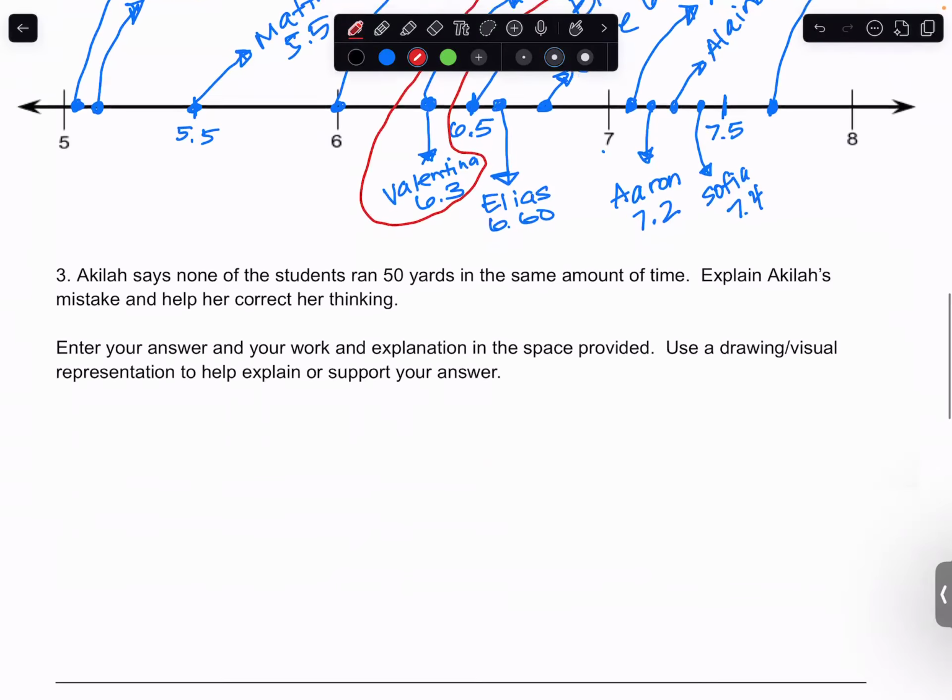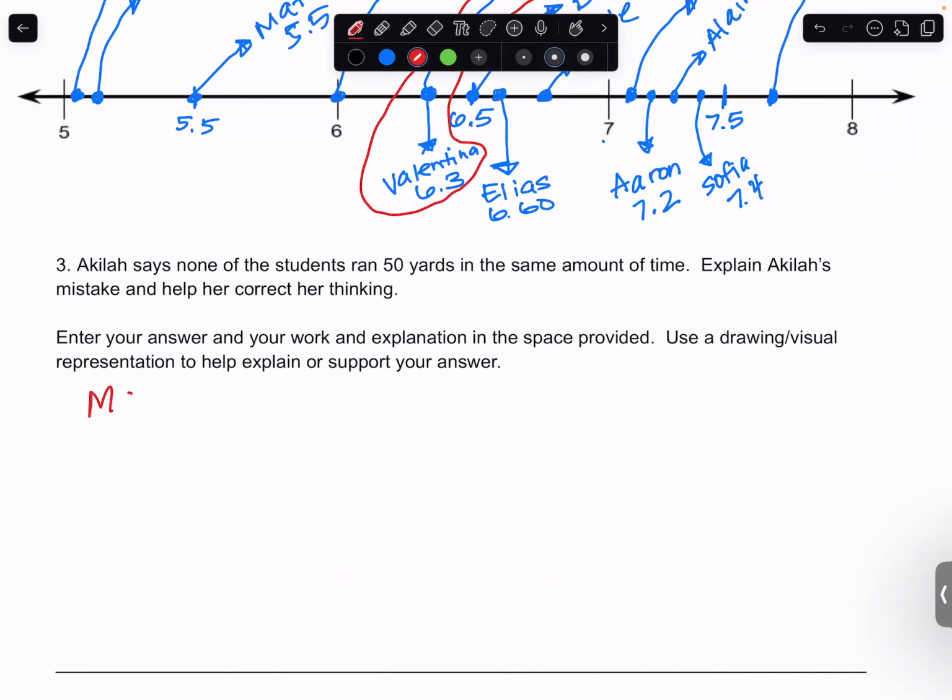We know that Malachi's time was written as a whole number and a fraction, 6 and 30 hundredths. And then we have Valentina as a decimal. Remember, in the beginning of our unit, when we took our notes, we said decimals are a special type of fraction.